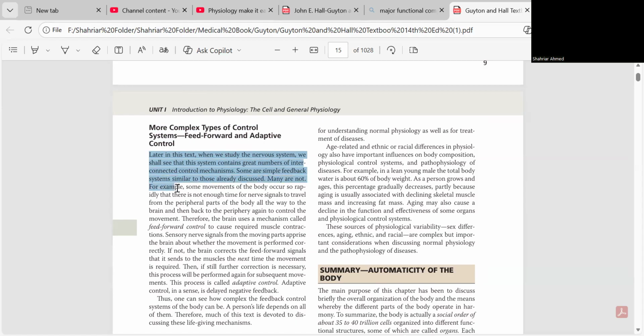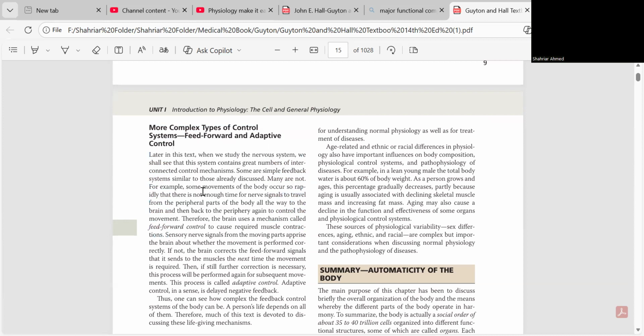For example, some movements of the body occur so rapidly that there is not enough time for nerve signals to travel from the peripheral parts of the body all the way to the brain and then back to the periphery again to control the movement. Therefore, the brain uses a mechanism called feed-forward control to cause the required muscle contraction.